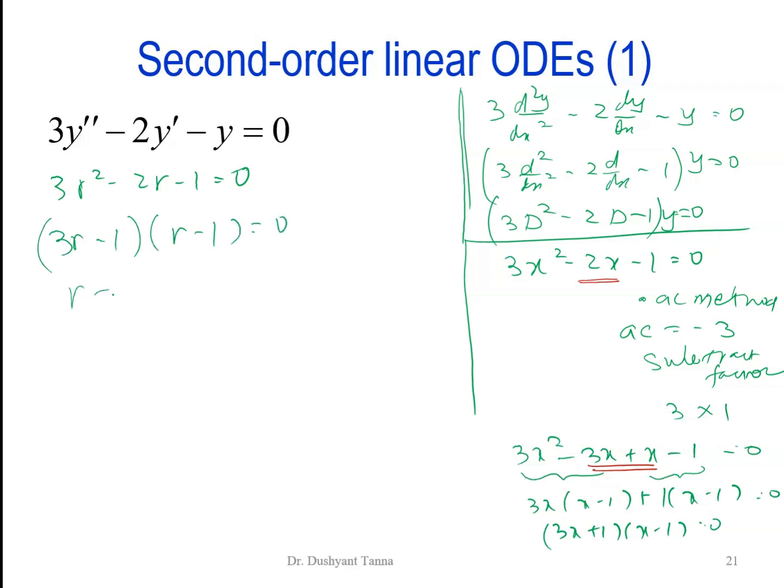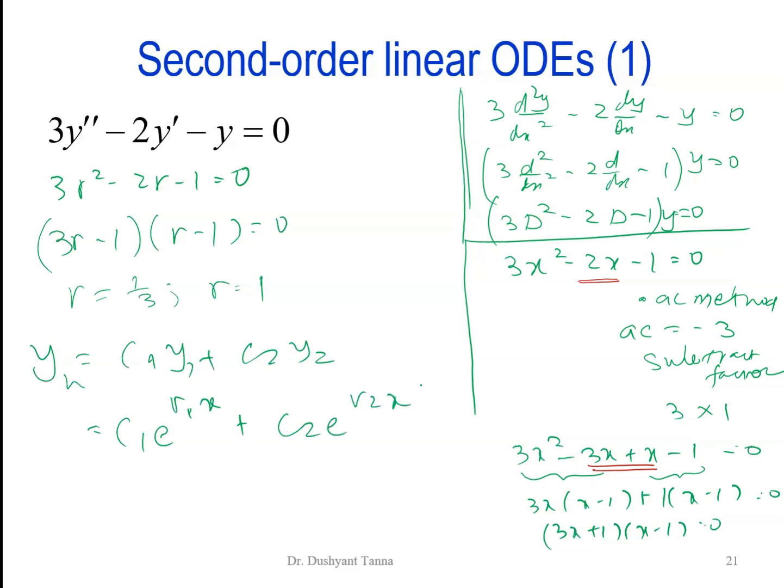Okay, and that gives me r as minus 1/3 or r as 1. The solution we have is c1y1 plus c2y2, or c1 e raised to r1x plus c2 e raised to r2x. Doesn't matter whether r1 or r2 is 1/3, c1, c2, r1, r2 are just symbols.